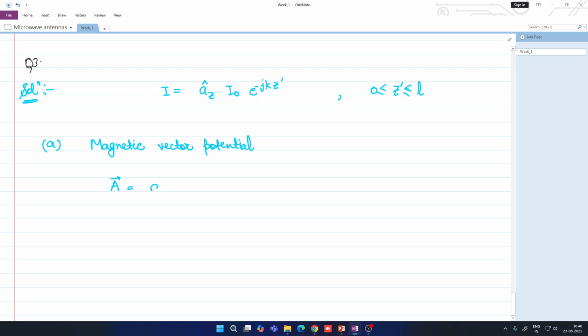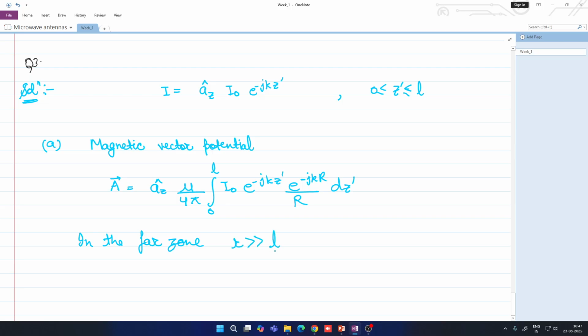The magnetic vector potential A vector is equal to z cap mu by 4 pi, integral along the length 0 to L, I naught e to the power minus j k z cap e to the power minus j k r by r into dz cap. Now in the far zone, r is much greater than the length of the antenna.